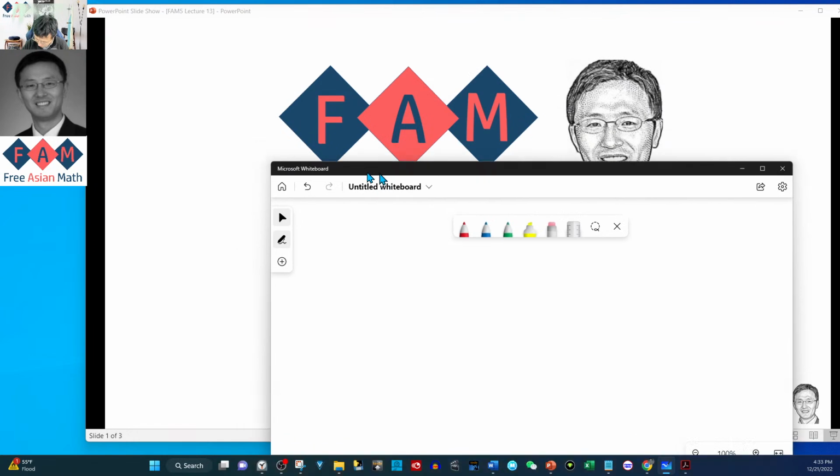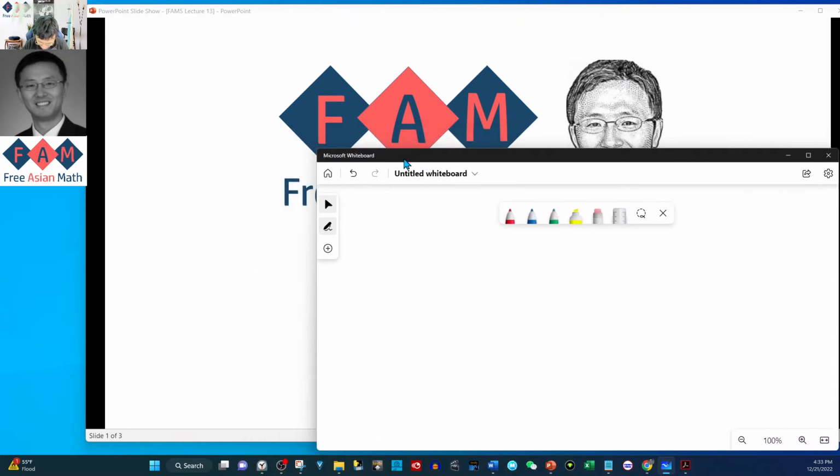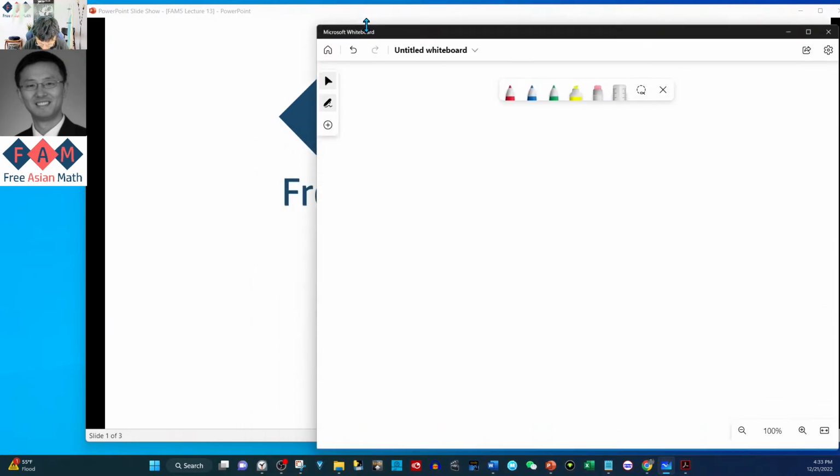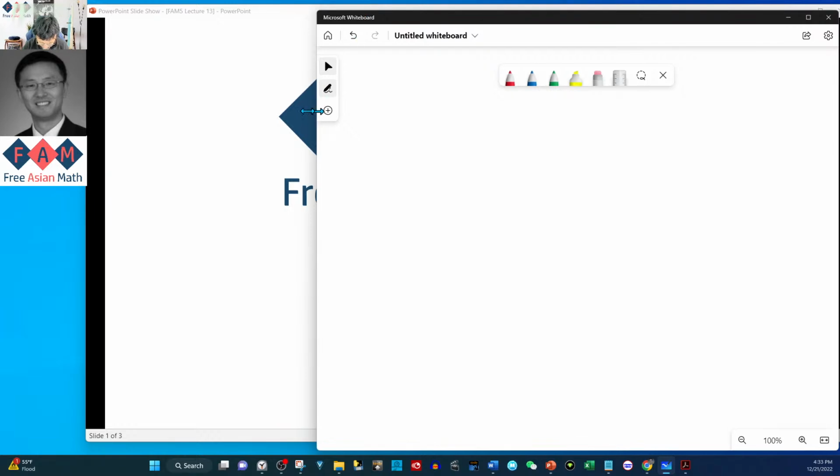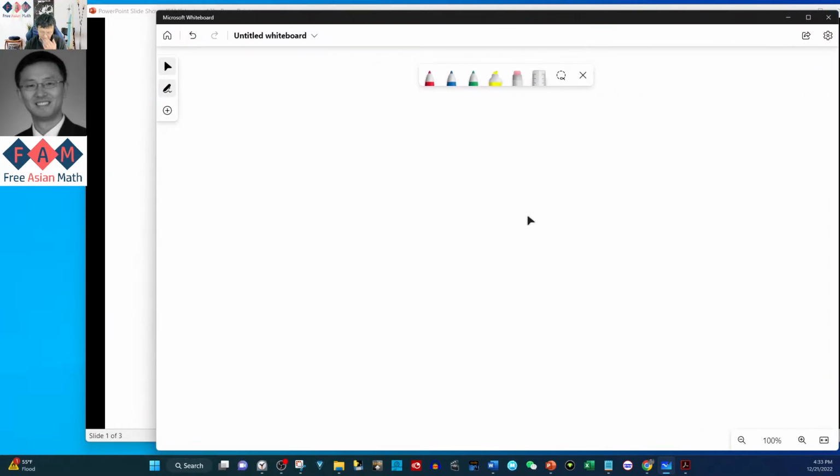So before we make that point, let's consider an issue that I believe we mentioned in the homework problem. Let's consider this notation. If we say 13 divided by 5, what does this mean?